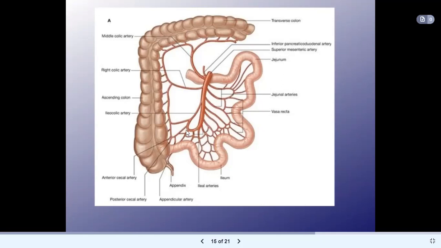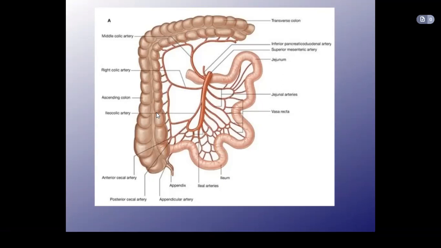Here you see this artery giving rise to some branches that supply the junction between the ileum and the ascending colon. So the ileocolic artery comes to supply this junction between the ileum and the ascending colon.